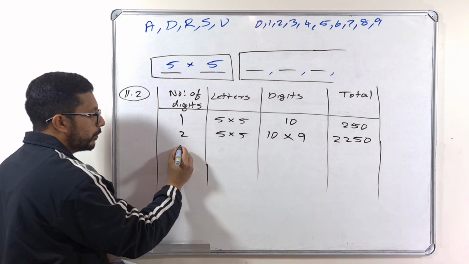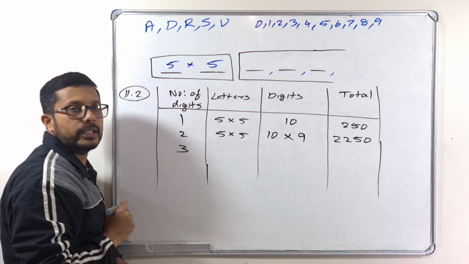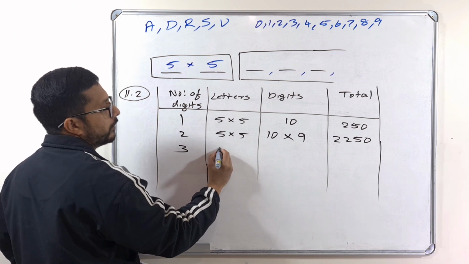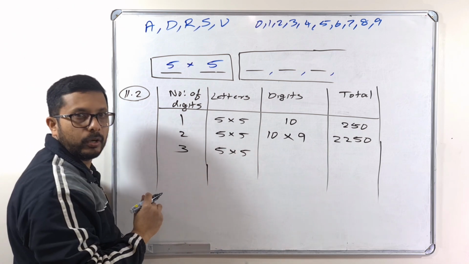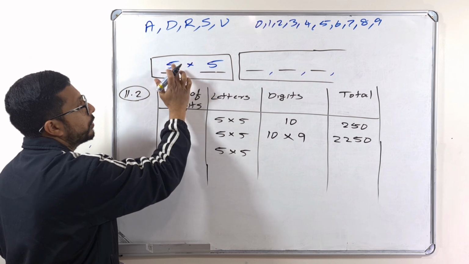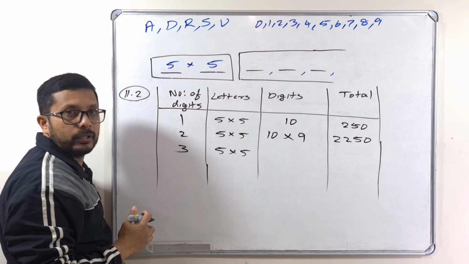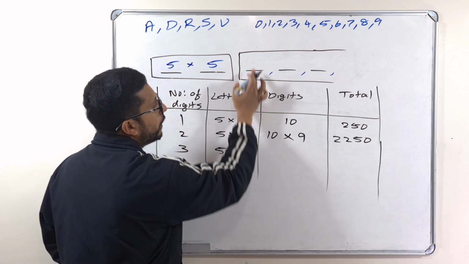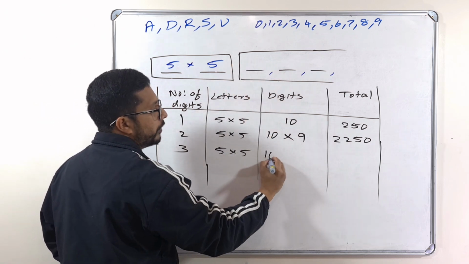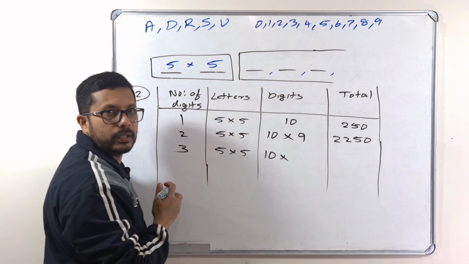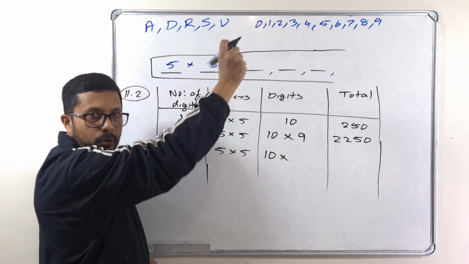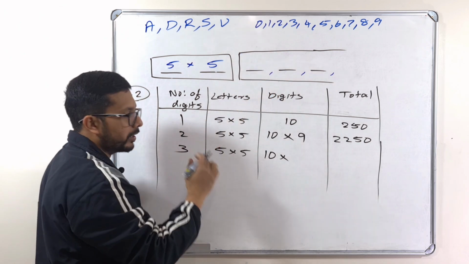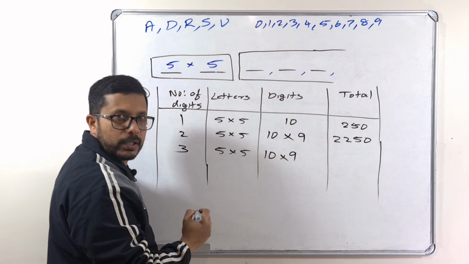Now assume that I'm going to use 3 digits. How many different possibilities for the letters? Here I have 5 options, here also 5, because letters can be repeated. Then what about the digits? Here I have 10 options. Here only 9, because we already took 1 number and put it here, and we are not allowed to write the same number again.